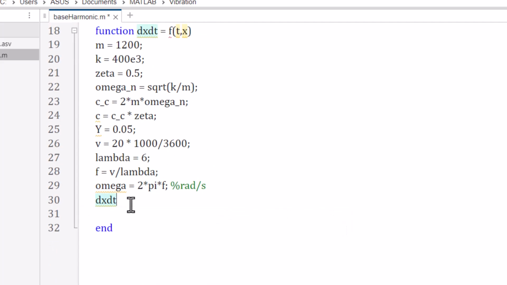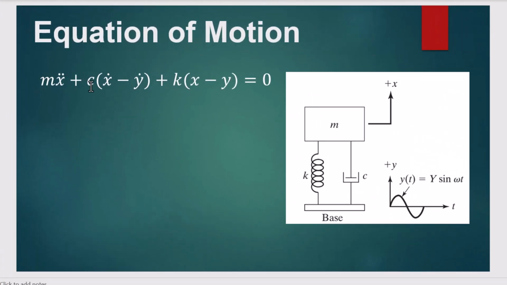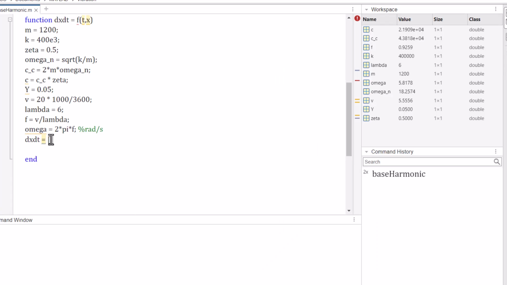So dx dt is equal to, if you do not know how to write this equation in the state space representation, please go watch my tutorial on the ODE45 command. So I'm not going to explain it here, but I know that the first element is going to be x2 and the second element is going to be x double dot.